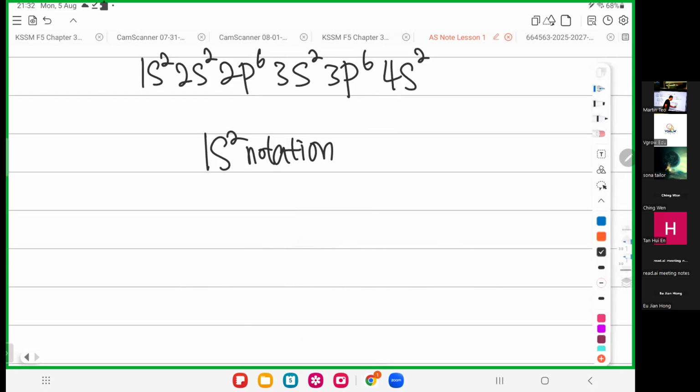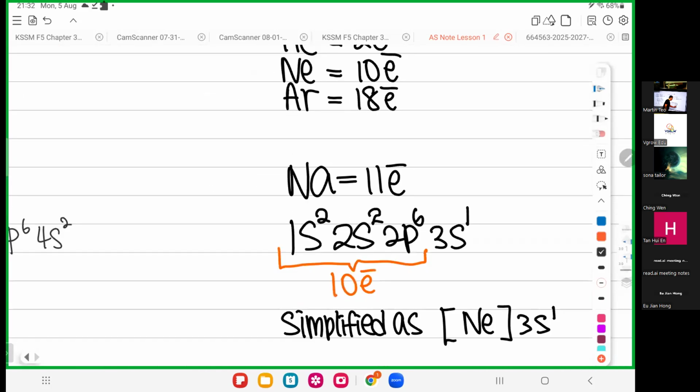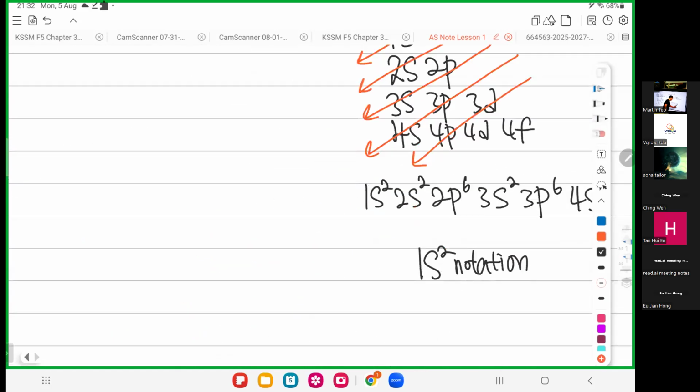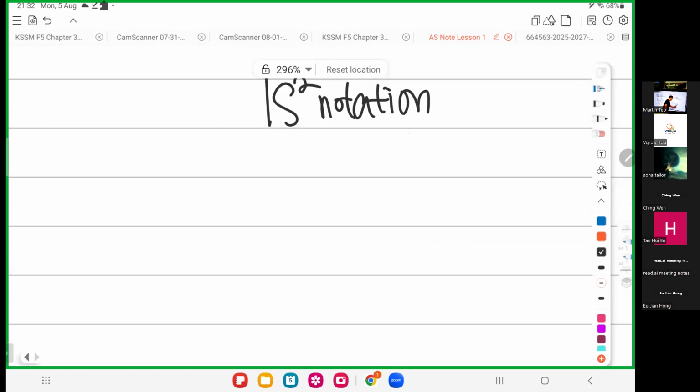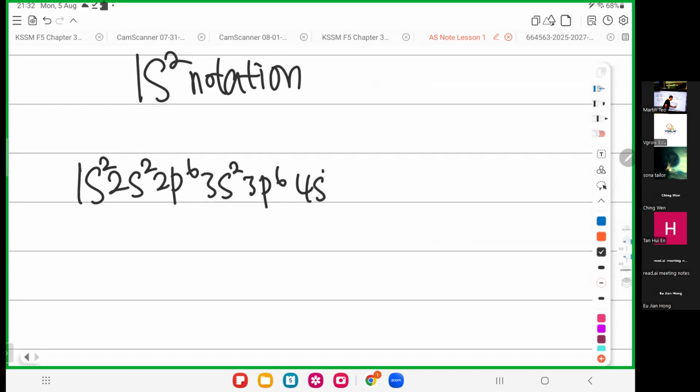Okay, now we go on a little bit more. Still the 1s2 notation, but in more detail. Sometimes the 1s2 notation is damn long. Sometimes it can be like this: 1s2, 2s2, 2p6, 3s2, 3p6, 4s2, 3d10, and 4p3, for example.